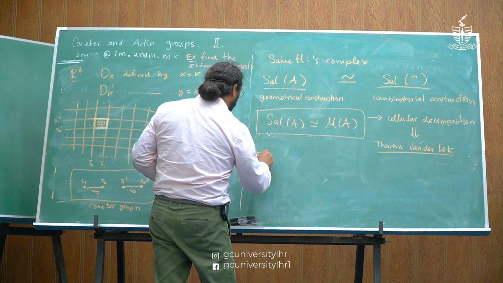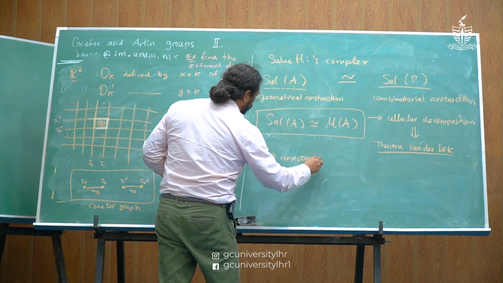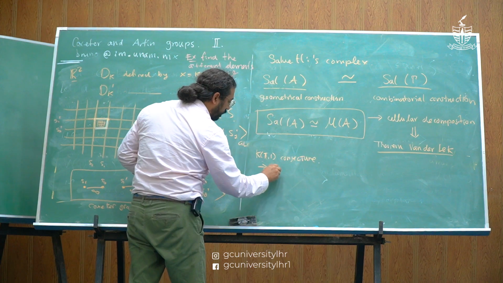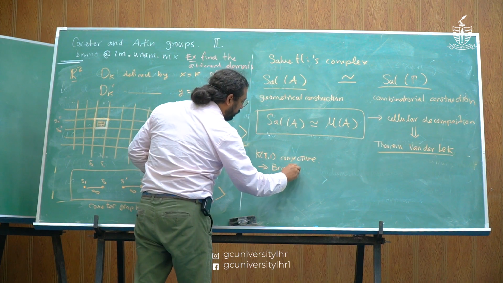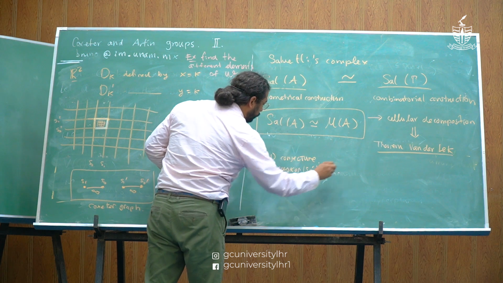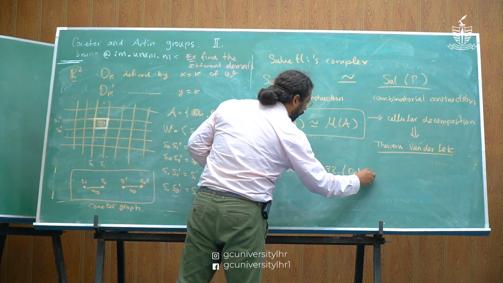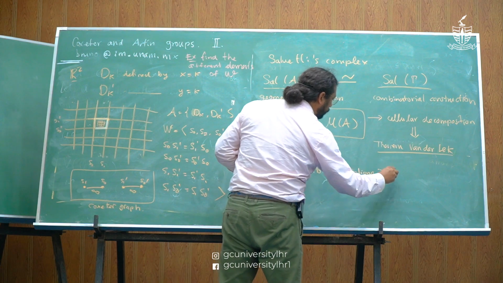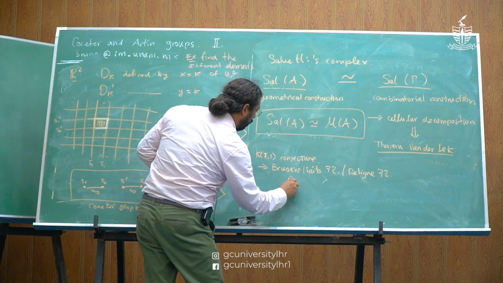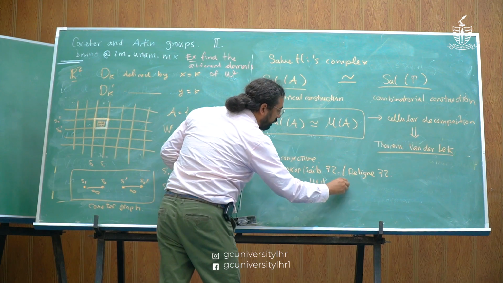The K(π,1) conjecture was solved by Brieskorn and Saito in '72, and also by Deligne, again in '72, for when the Coxeter group is finite.